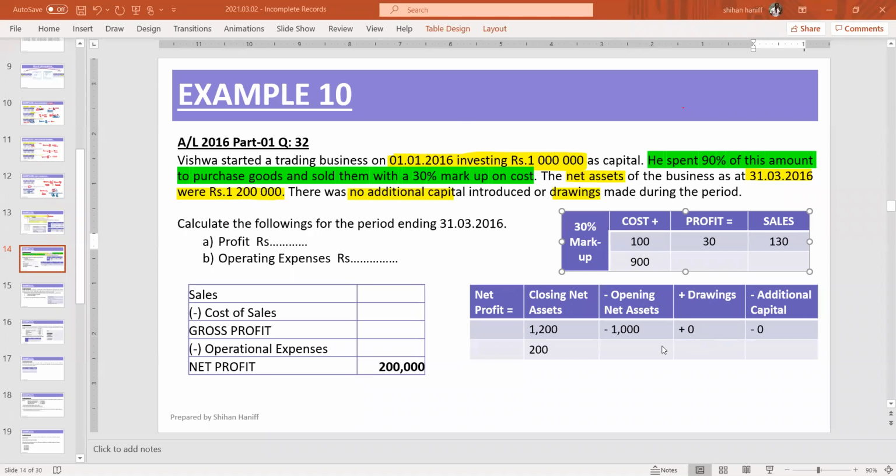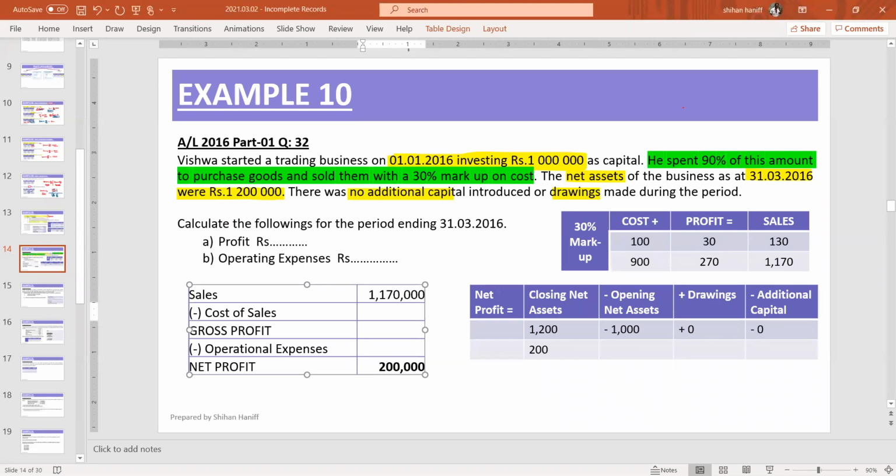Right. So how much is the profit? 900 means profit is 270,000. 1,170 is the sales. So sales is 1,170,000.